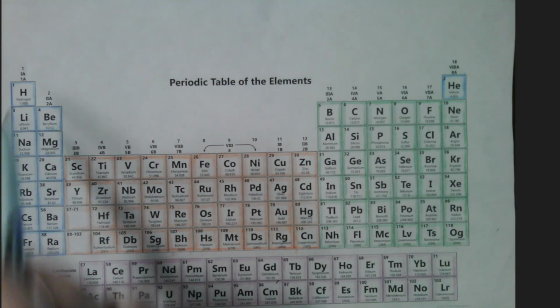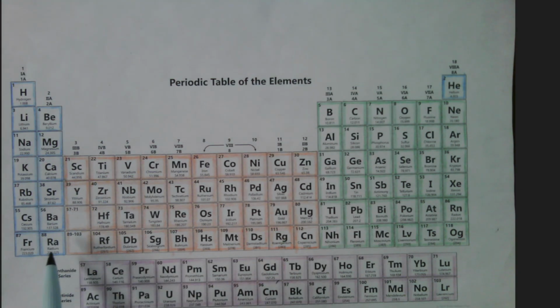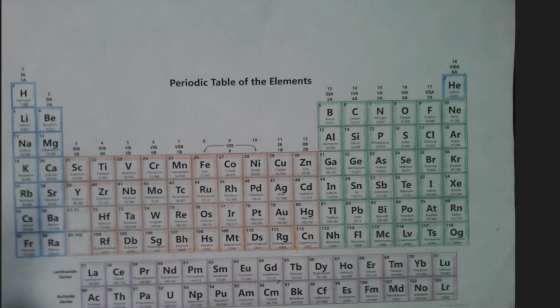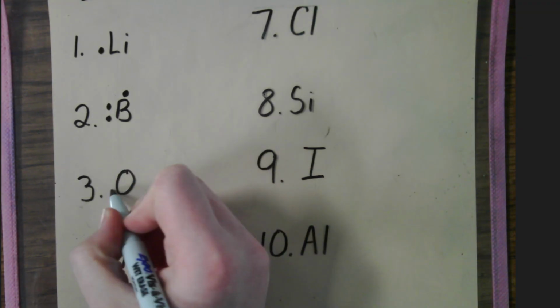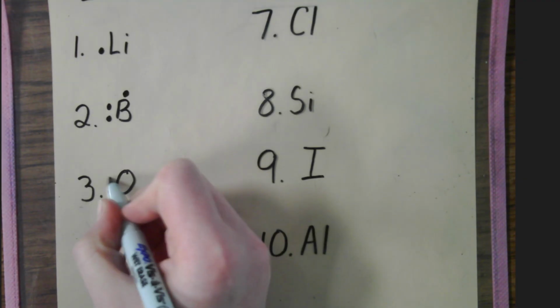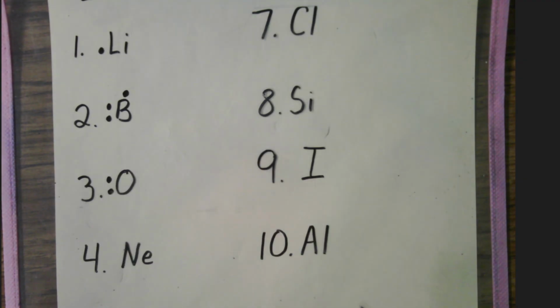If we're counting, this one has 1, 2, 3, 4, 5, 6. Oxygen has 6 valence electrons. Like I said before, we're first going to fill up, quote unquote, the s orbital. So we're going to have 1 valence electron there and 1 there. Since we know that it has 6 valence electrons and we've already done 2, we need to do 4 more.